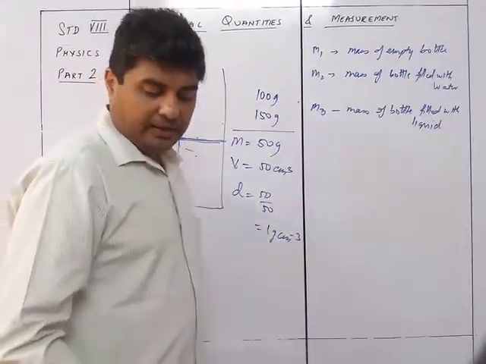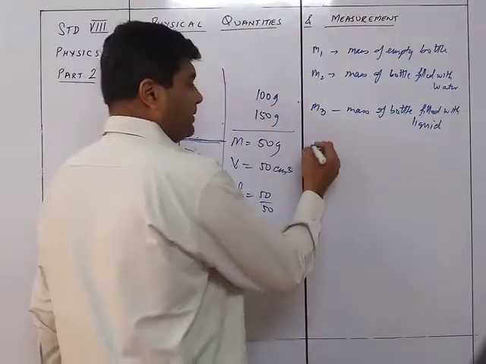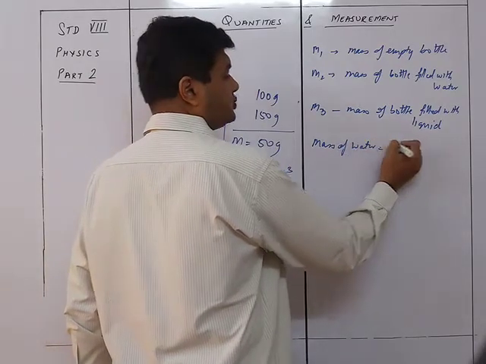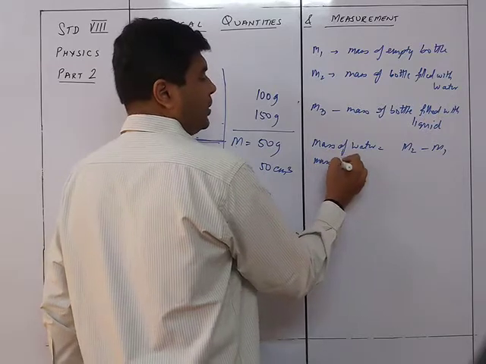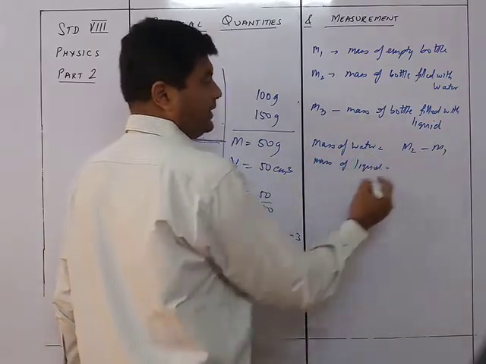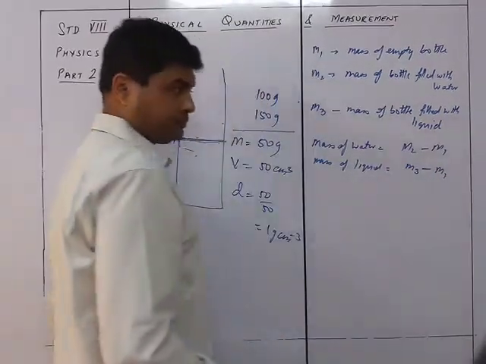Okay. So now calculate the mass of the water and the mass of the liquid. We know that mass of water is equal to M2 minus M1, and mass of liquid is M3 minus M1.